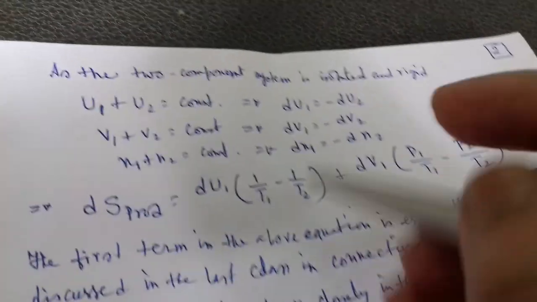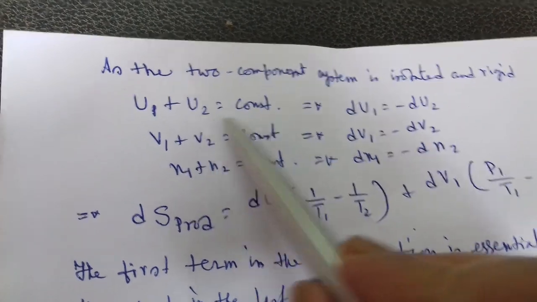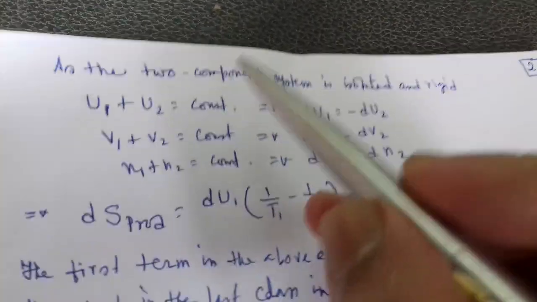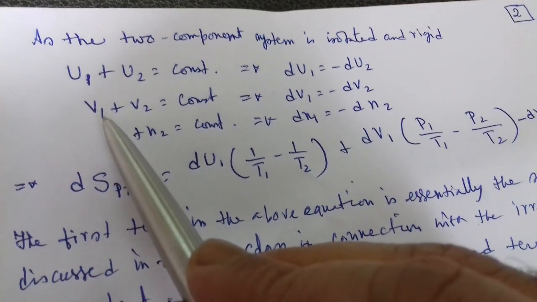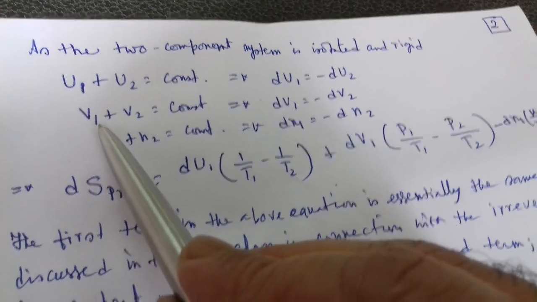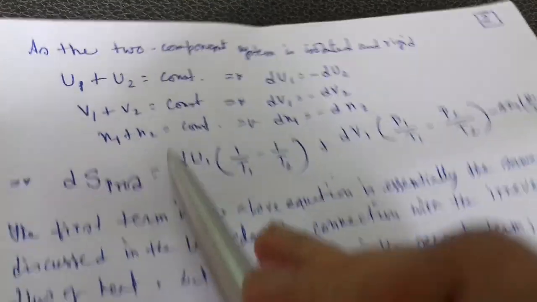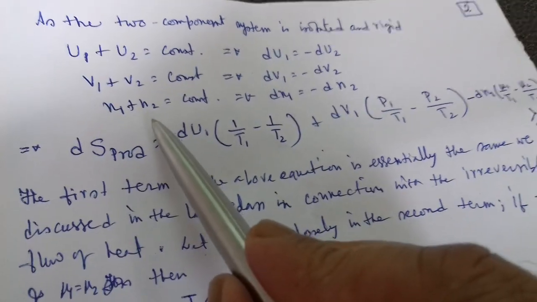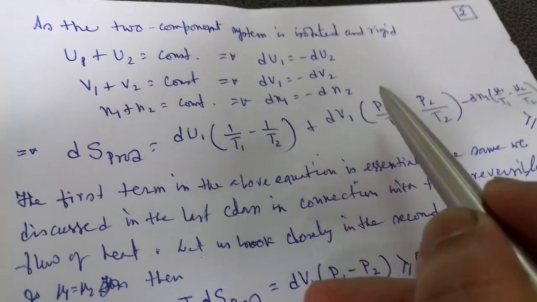As the two-compartment system is isolated and rigid, U1 plus U2 equals constant, that is dU1 equals minus dU2. Once again, the outside jacket is rigid, so V1 plus V2 equals constant, so that dV1 equals minus dV2. And once again, N1 plus N2 is constant as matter is not going out of the two-compartment system, so dN1 equals minus dN2.